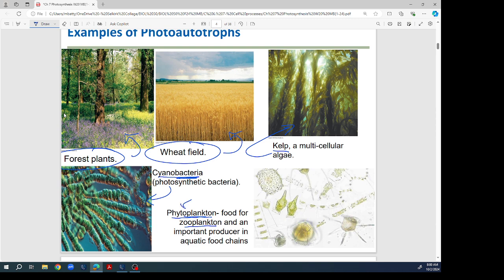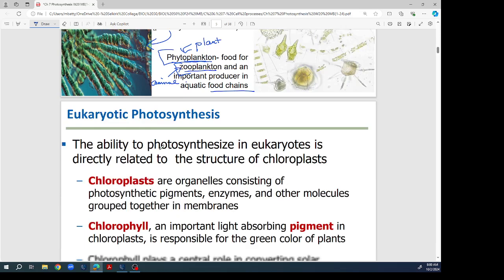So this would be akin to plant, it's not really plants, and these would be akin to animals. Or I could say these are photoautotrophs and these are heterotrophs. And again, it's this idea of food chains and cycling of molecules.